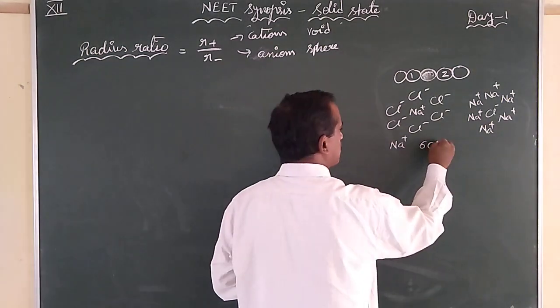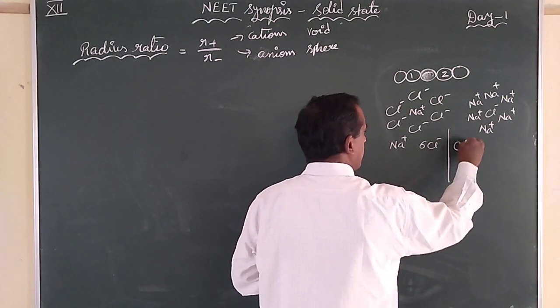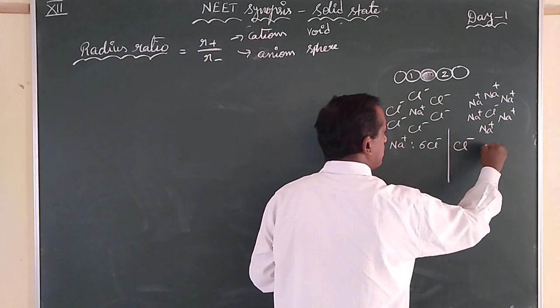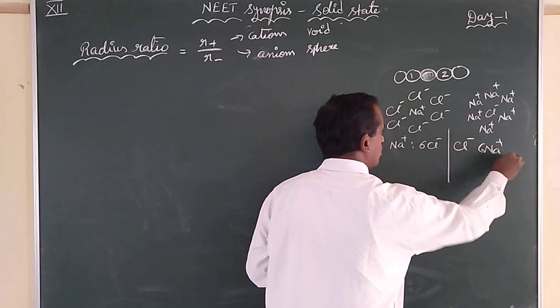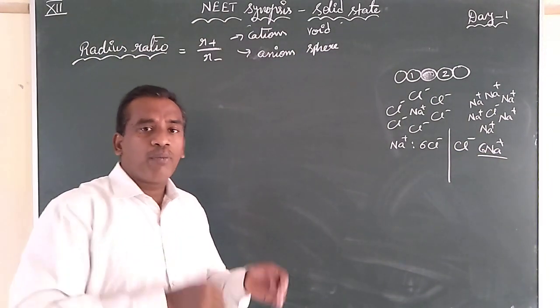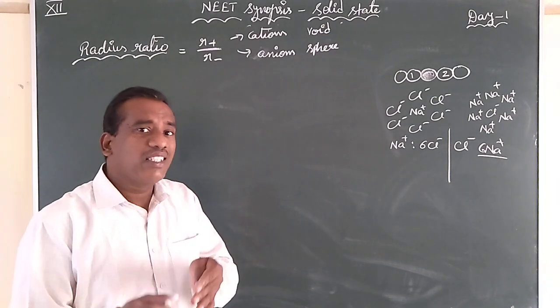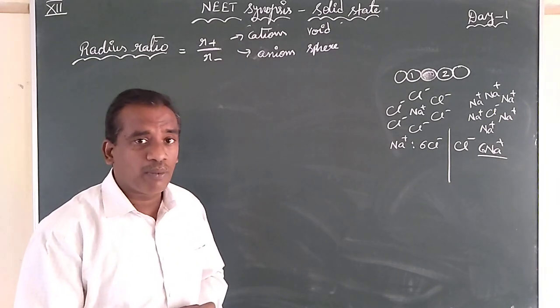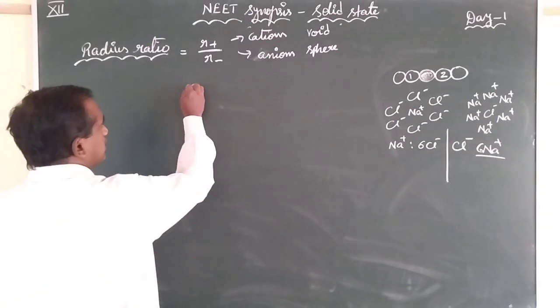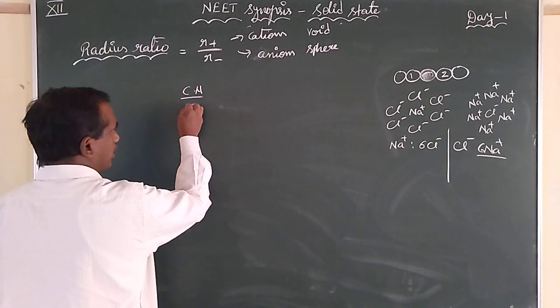It is covered by 6 chloride ions. Parallelly, what is the coordination number of chlorine? Each chloride ion is surrounded by 6 sodium ions. So, sodium chloride has a coordination number of 6:6. First, we are seeing about the coordination number.